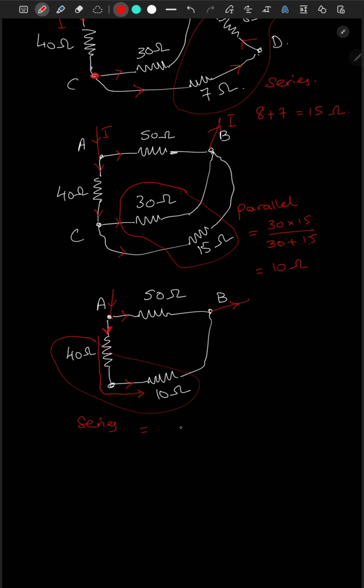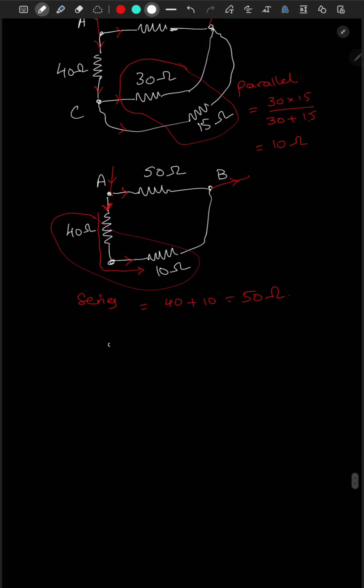So in series we add the resistances. It is 50 ohm, and again if we redraw this circuit, we'll have it reduced. So from A to B, this is a 50 ohm, and here this is also 50 ohm.